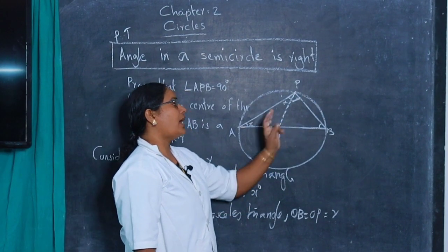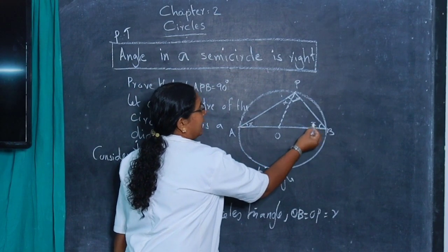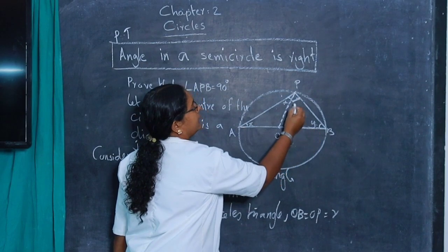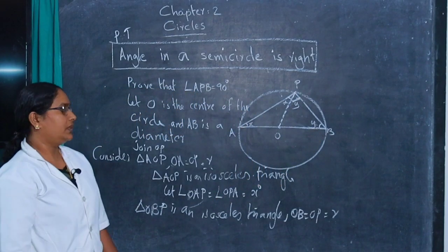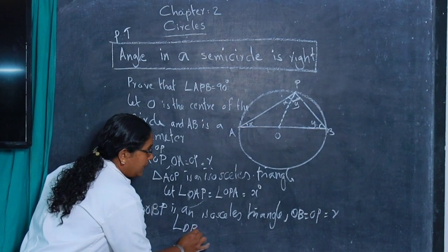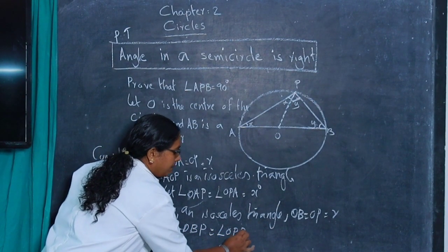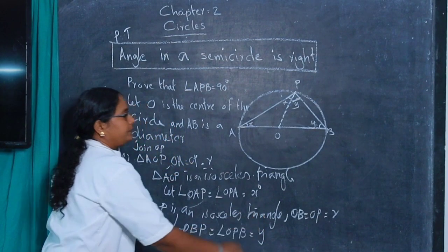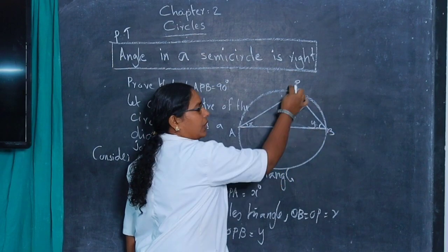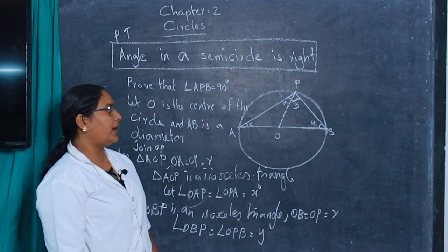Therefore, this is also isosceles. Equal sides have opposite angles equal, so let us take Y. Angle OBP equals angle OPB equals Y degrees.